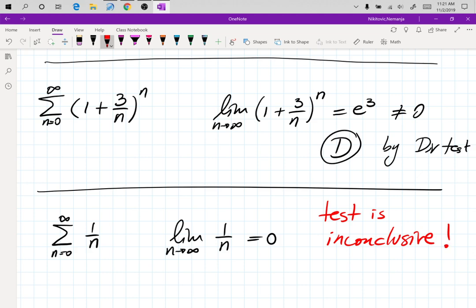We don't know. I'm going to prove to you that it also diverges, but this test can't detect it because the limit was 0.